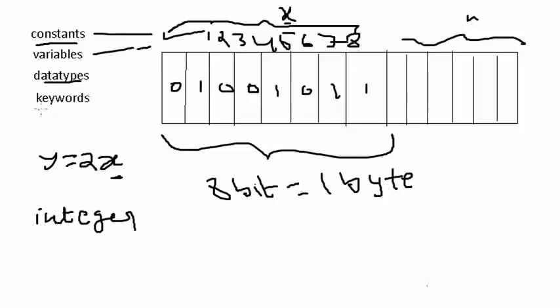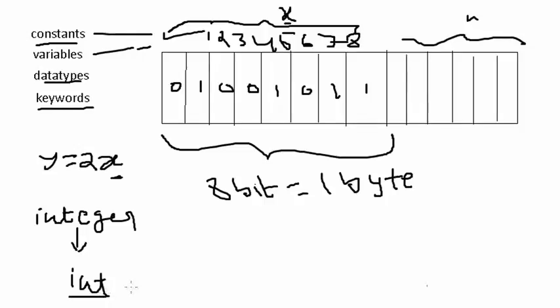Alright, the next thing is about the keywords. These keywords are nothing but the words whose meanings are already defined to our compiler. For example, to indicate that we are going to store an integer value in a memory location or in a variable, we need to use the keyword int as the data type. So this int is a keyword for integers.